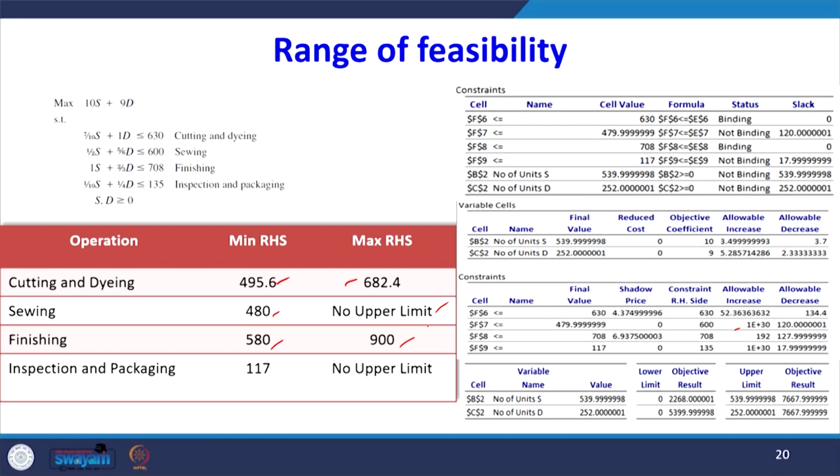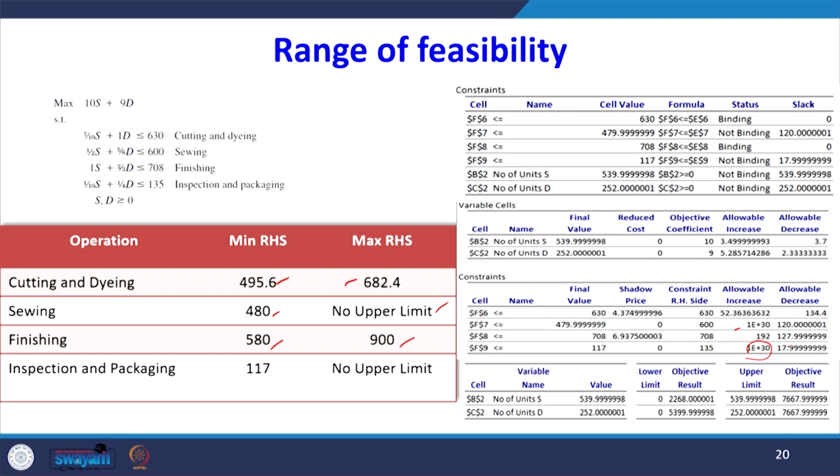How did we get this? 708 plus 192 is 900, and 708 minus 128 is 580. For the inspection and packaging constraint, currently this is 135. The allowable increase is 10 to the power 30, so there is no upper limit, but there is a lower limit of 17.0.